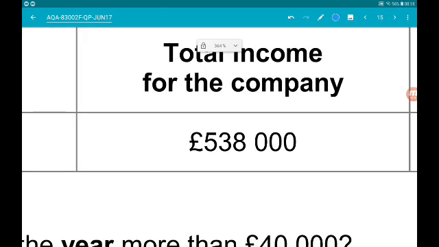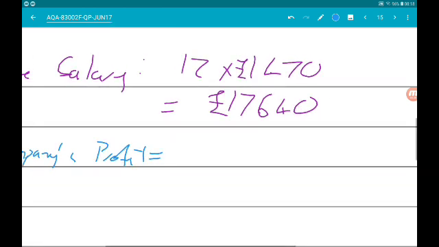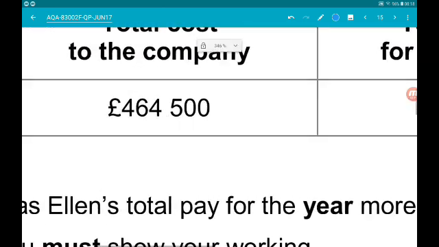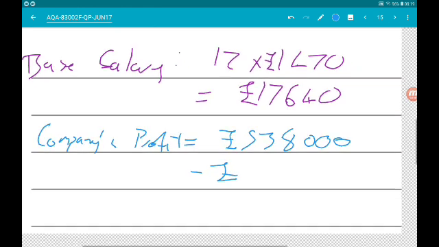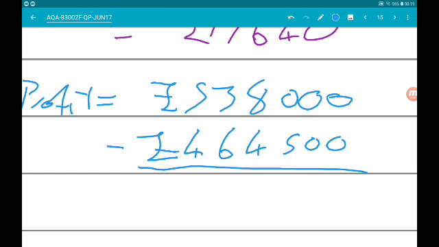So 538,000 minus the cost, so minus 464,500. Okay, so let's work that out.